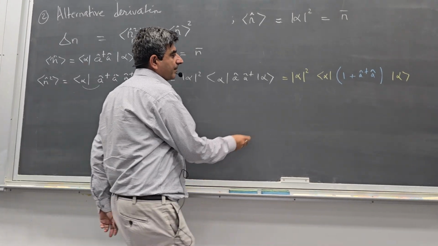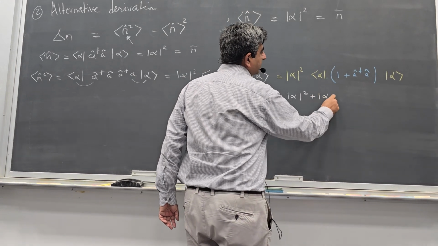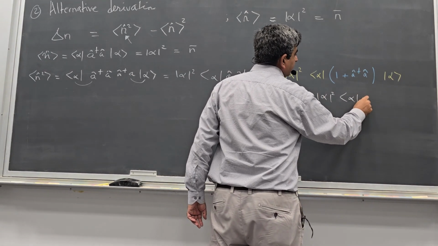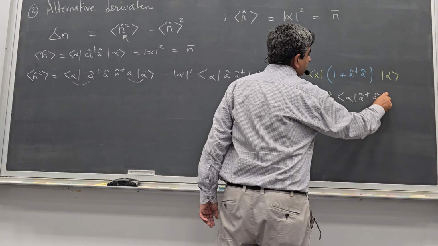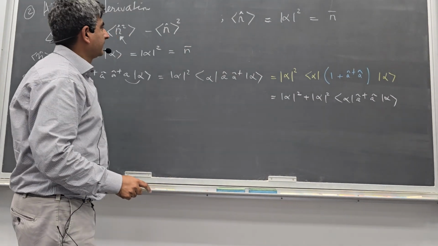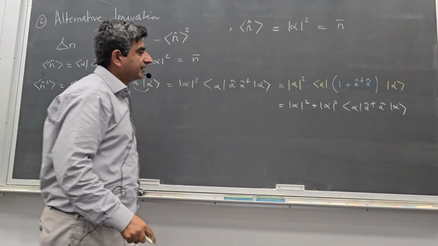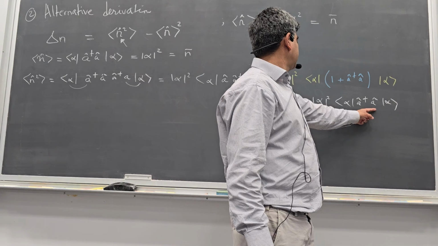So this becomes |alpha| squared plus |alpha| squared, bra alpha A ket alpha. Right, so this gives you another |alpha| squared.